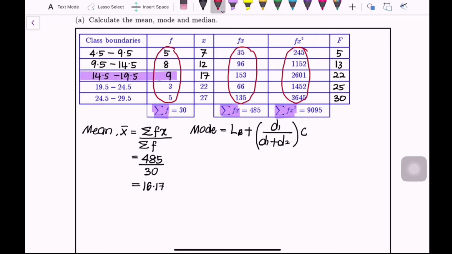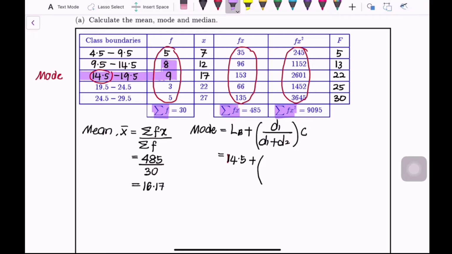We write it as the modal class here. Then substitute LB, the lower boundary of the mode class, which is 14.5, plus D1. D1 is the difference between the frequency of the mode class and the previous frequency.